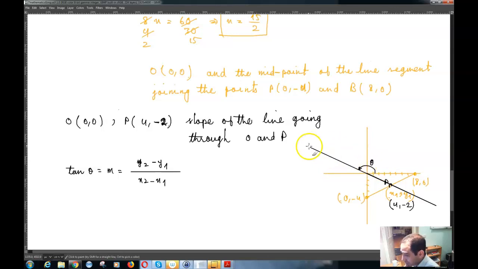That's your theta, which is an obtuse angle, but that's not really important in what we are doing right now.